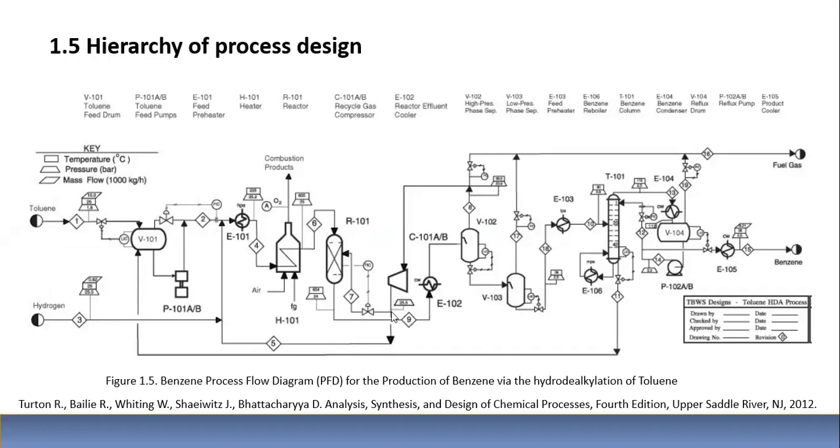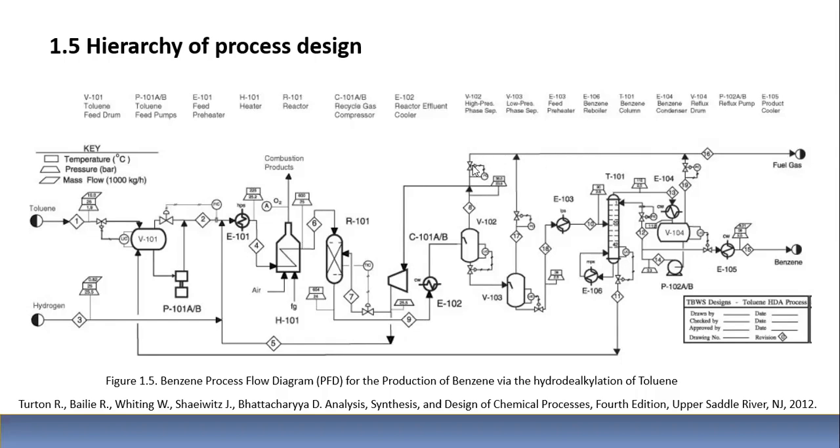It seems to be a recycle stream, coming from the fuel gas line. So some of the fuel gas continues in the process. Maybe it's going to storage, maybe it's going to be burned. We don't know. But some of the fuel gas is being returned. As you see right there, this is a separation.